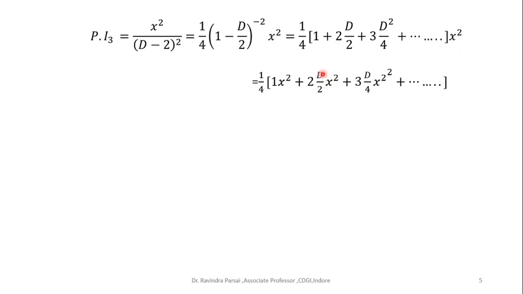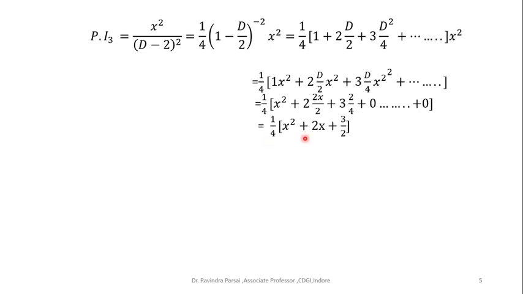Now operating this on x square: 1 into x square plus 2 into D upon 2 of x square plus 3 into D square upon 4 of x square. When you differentiate x square two times, it gives 2, and when you differentiate it the first time, you get 2x. So you get the final answer: x square plus 2 into 2x upon 2 plus, on differentiating x square 2 times, 3 into 2 upon 4.